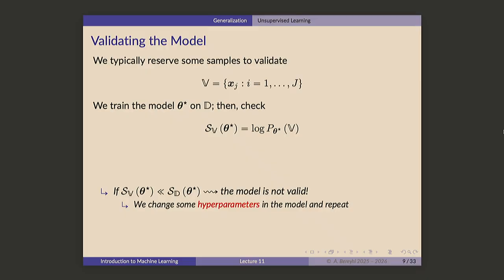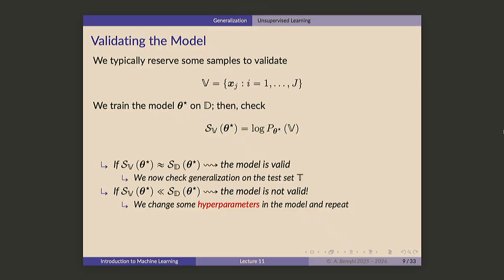Again, I train on D, I test on V, I check if they are the same. I'm validating. Once I get a better result, so say I tried a couple of hyperparameters, and one of them gives me the closest result after validation, then this is when validation is over. But even if you validate, it might be that you are fitting to the validation data.